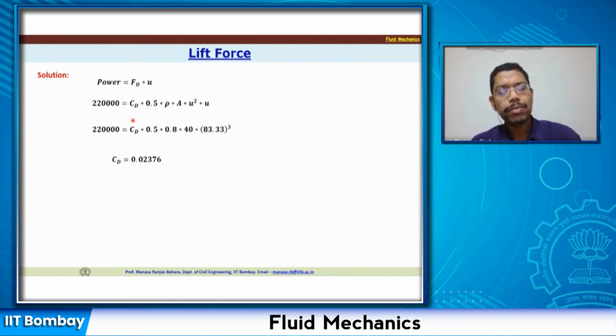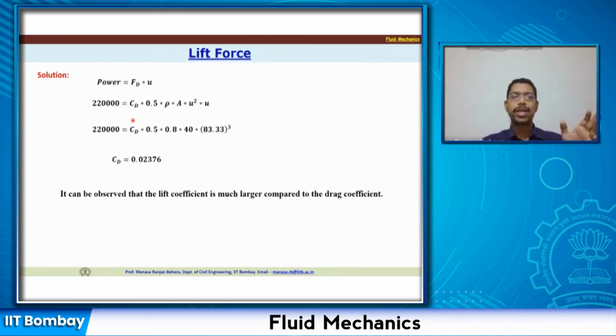So we got the lift coefficient and we got the drag coefficient. It can be easily observed that the lift coefficient, 0.17 something, is much larger compared to the drag coefficient. That is what is required. So the performance, CL by CD, is going to be much higher, and that is what is required for such situations.